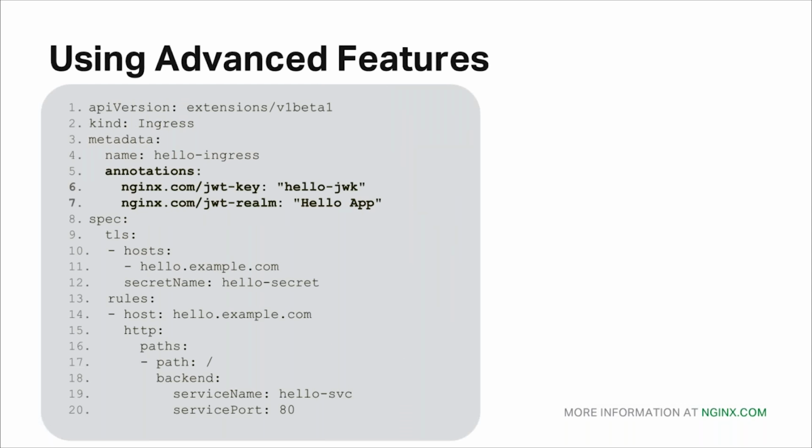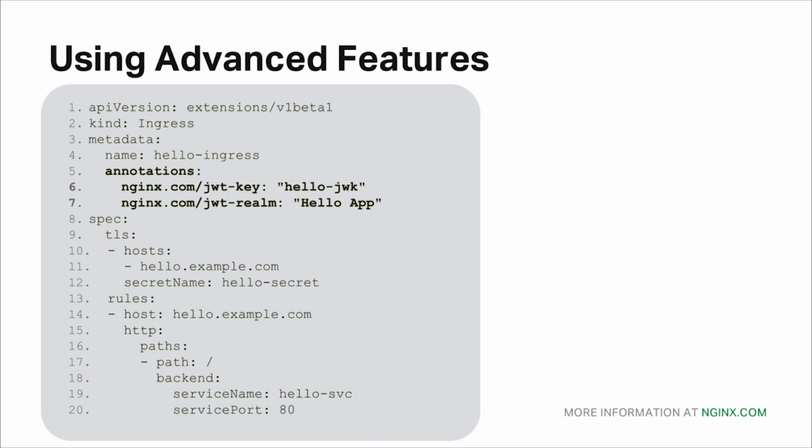Advanced NGINX features are also available through annotations. In this example, we use an annotation to configure JWT validation. JWT validation is handy for authenticating client requests. NGINX Plus will ensure that every client request has a valid JWT token with it, and NGINX Plus will reject any requests that don't have a valid token.